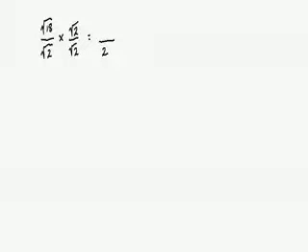and root 18 times root 2 is the same as root 18 times 2. Now, 2 18s are 36, so we've got the root of 36 over 2.